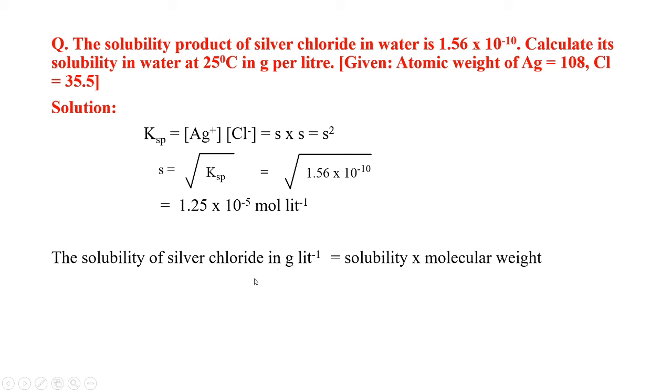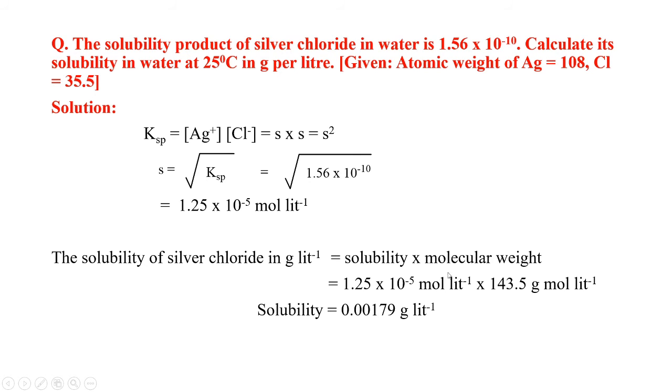So the solubility of silver chloride in gram per liter is equal to solubility into its molecular weight. So solubility is 1.25 into 10 raised to power minus 5 mole per liter into molecular weight of silver chloride, 143.5 gram per mole. So we get solubility in gram per liter is equal to 0.00179 gram per liter. Okay, so this is the solubility of silver chloride in gram per liter.